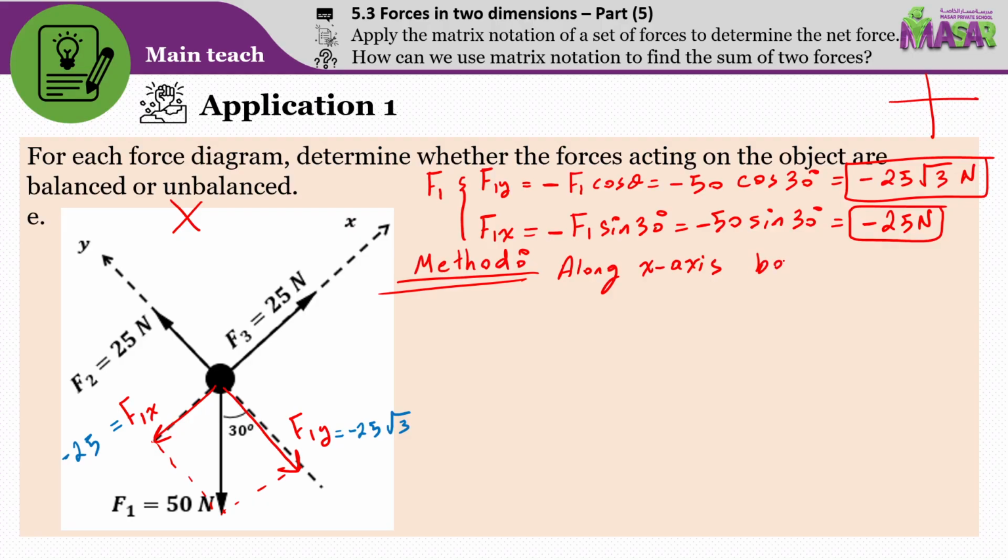They are balanced because the magnitudes are the same. But along the y-axis, they are unbalanced.